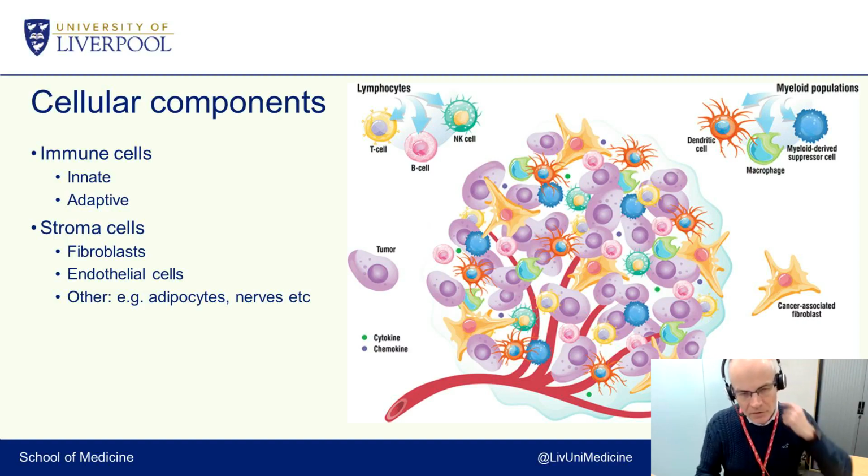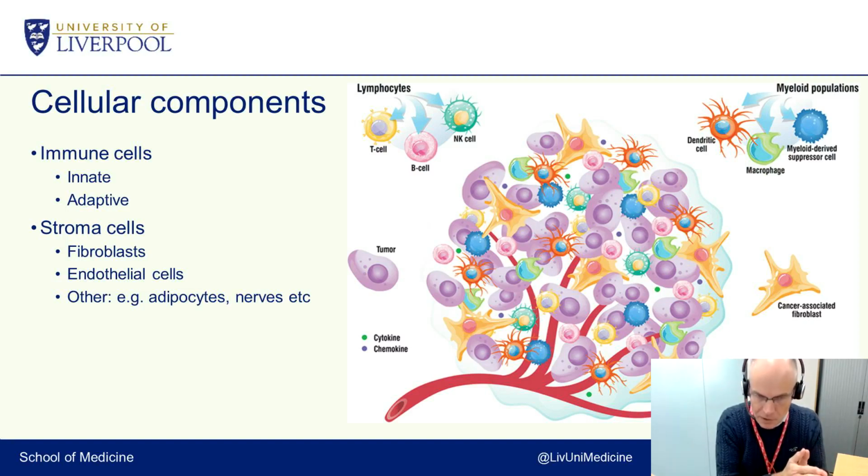And all of these cells, as you can see in the diagram here, they are there together in close association with the tumour cells. And the main communication that we have is sometimes by direct communication between the cells, by contact, but very often by the release of cytokines and chemokines in order to stimulate various signalling pathways and processes within the other cells in the tumour microenvironment.